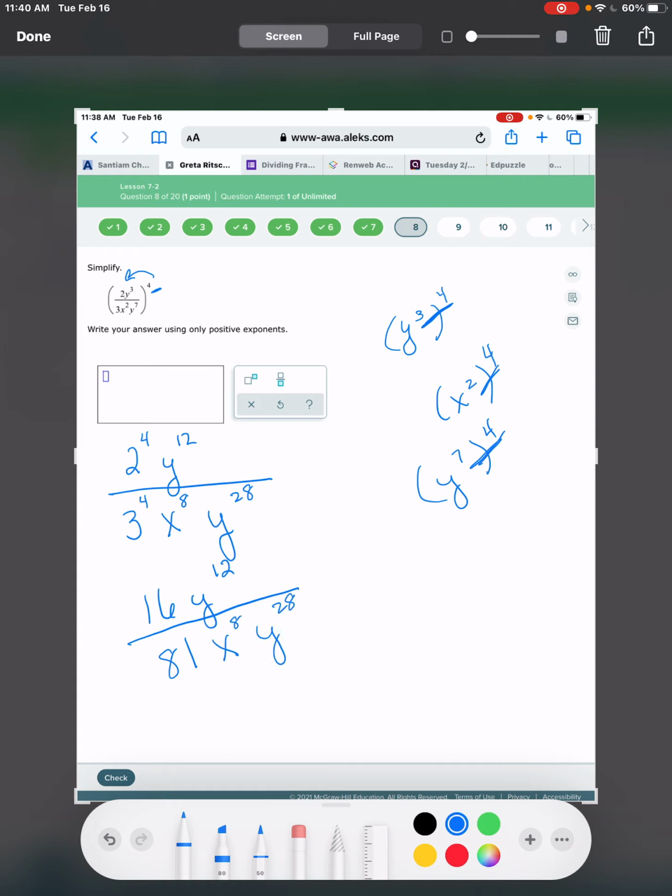Okay, so the x's don't have anything top and bottom, so I'm going to leave x to the 8th alone, but I need to deal with y to the 12th and y to the 28th. So 12 minus 28 is going to give me a negative number. And so I actually have 16 y's left in the bottom.